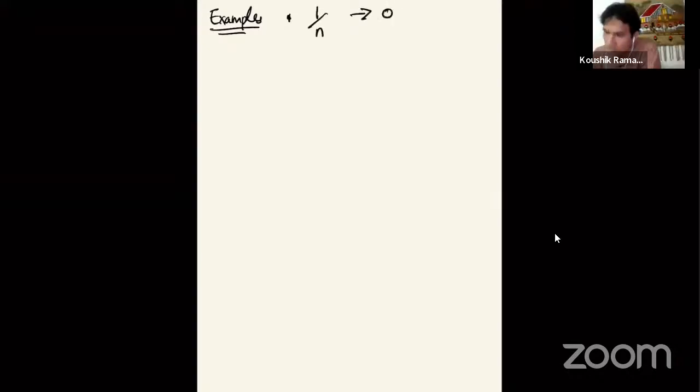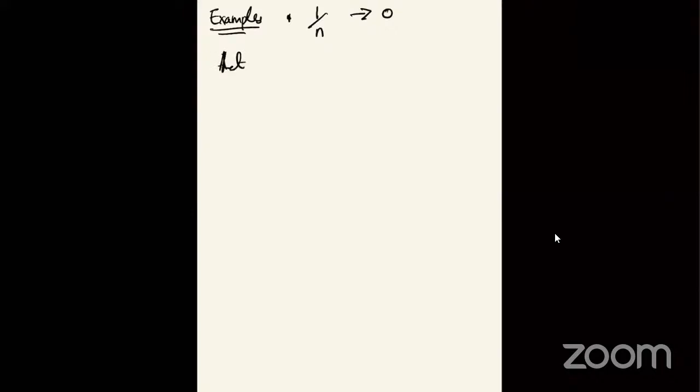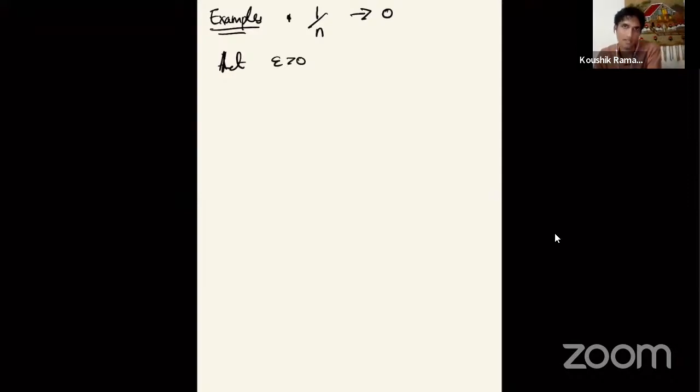Okay, so just to do a few examples. Of course, the first one we study follows directly from the Archimedean property. So 1 by n goes to 0, right? Why is this? By the Archimedean property. So just to ensure that you see that the concept of limits is heavily dependent on the Archimedean property, which in turn depends on order completeness. So if epsilon is positive, modulus of 1 by n is 1 by n.